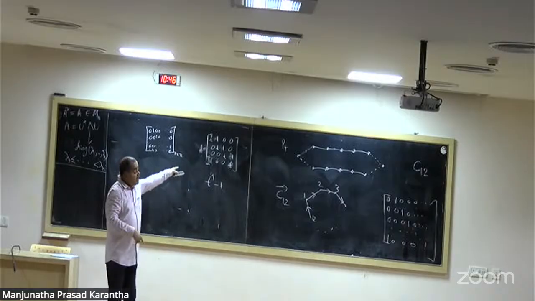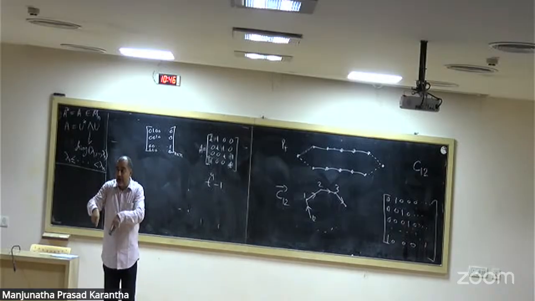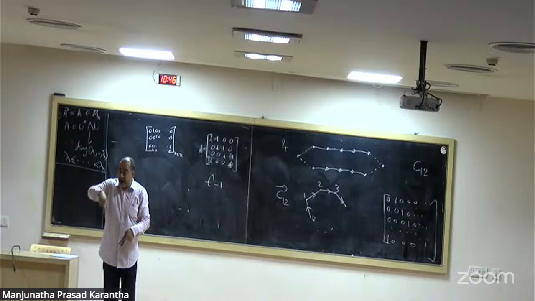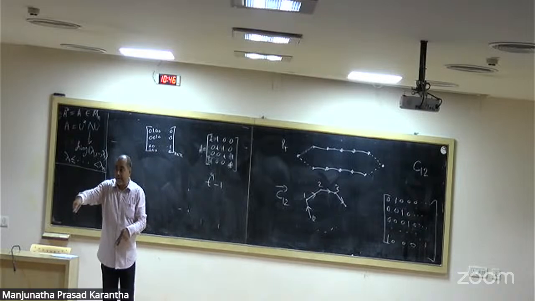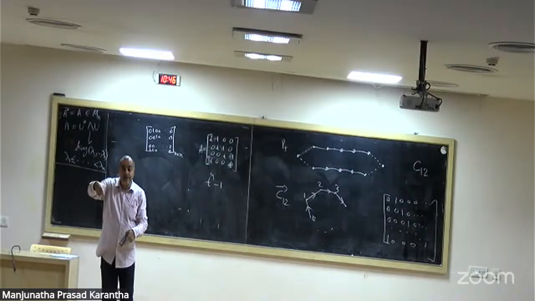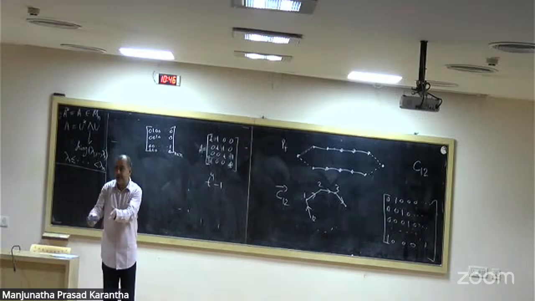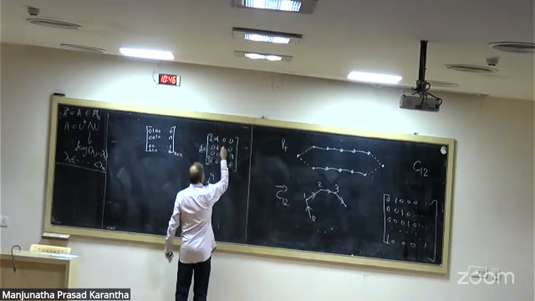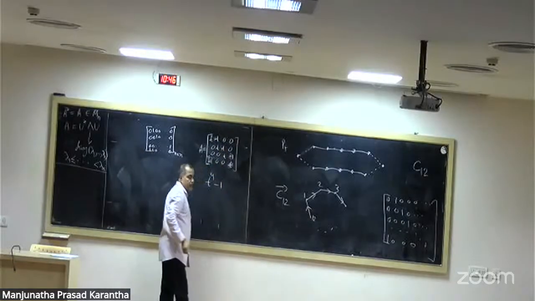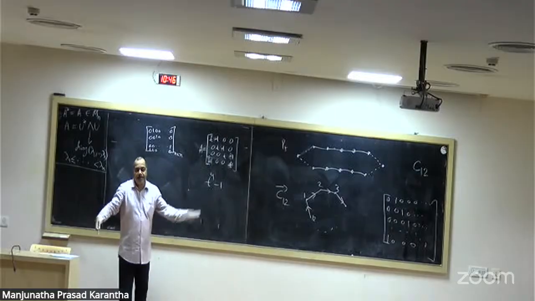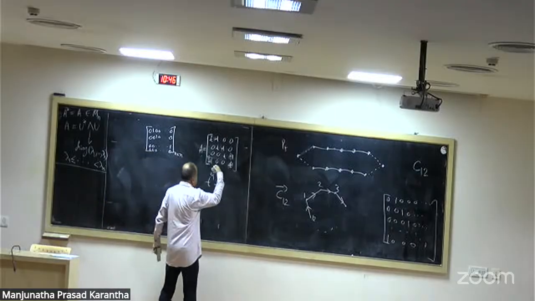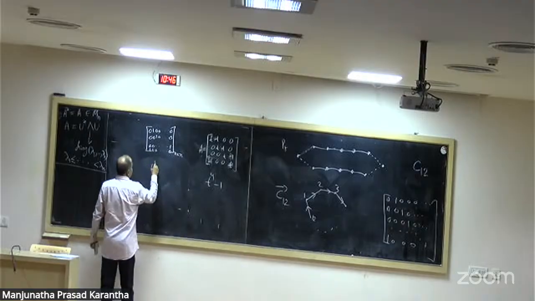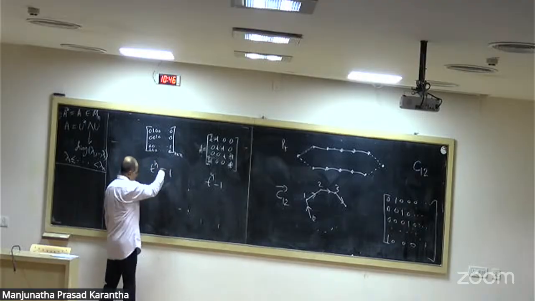But if I make it size 5 by 5, you will get t power 5 plus 1, because C5 becomes an even permutation, so that becomes clear. Okay, and here because I have minus 1 minus 1 minus 1 minus 1, in C5 it will be the same. So in any case, the characteristic polynomial is t power n minus 1 equal to 0.